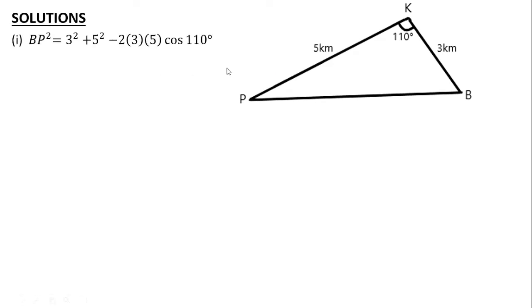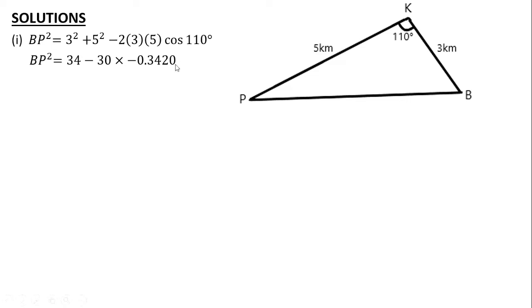We are going to use the cosine rule. To calculate the length BP, BP squared equals 3 squared plus 5 squared minus 2 times 3 times 5 cos 110. 3 squared is 9, 5 squared is 25, 9 plus 25 gives us 34. Negative 2 times 3 times 5 gives us negative 30.